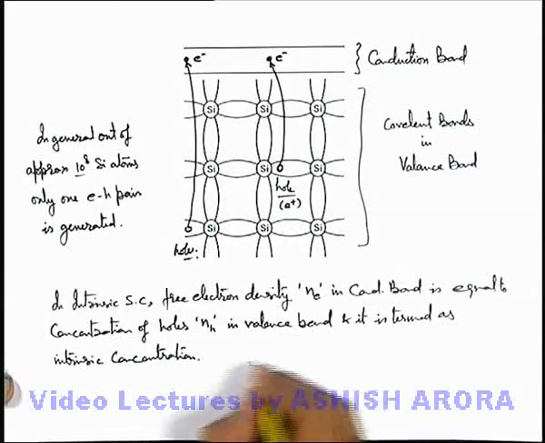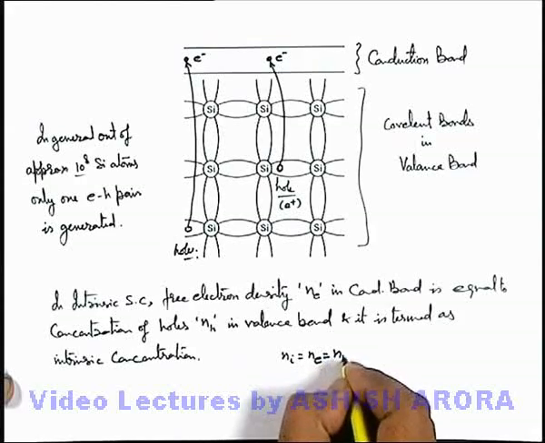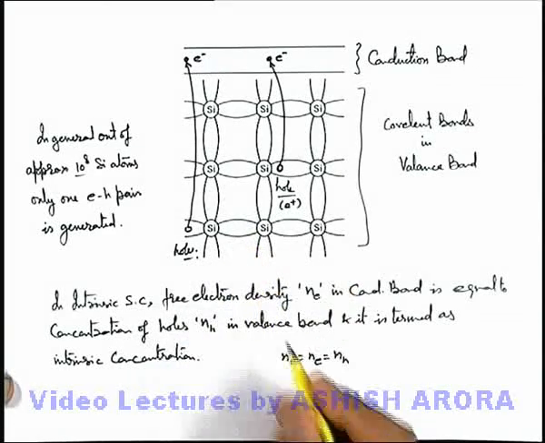This is given by Ni is equal to Ne is equal to NH. Ne is the concentration of electrons in the conduction band and NH is the concentration of holes in valence band.